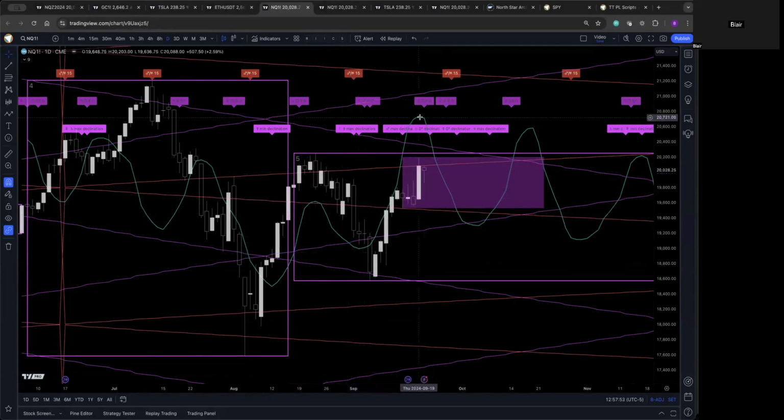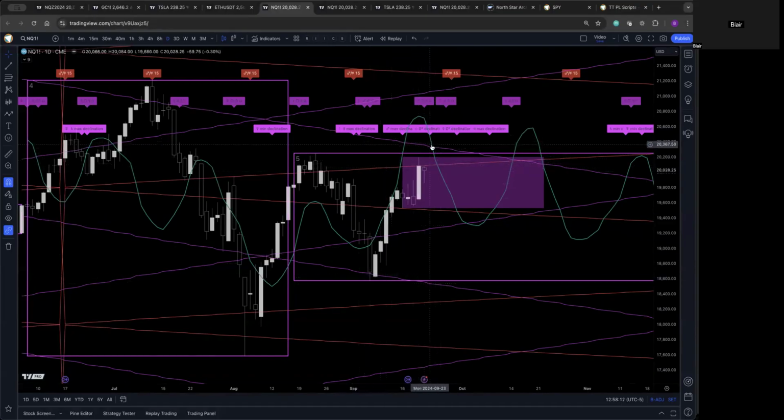I think it's likely we had a high in price here, but we still have Mars Uranus 15 coming up. And we also have a couple of declination events and nodal events coming up that could cause an inversion and could cause this to keep going up.